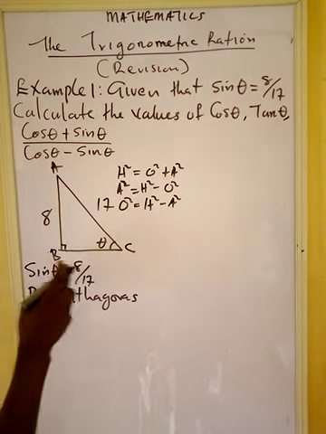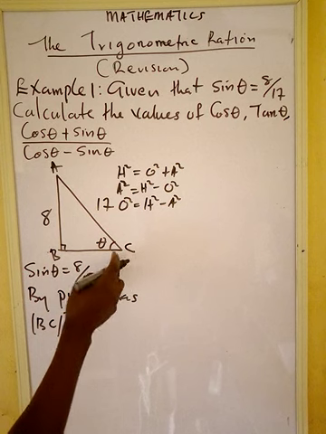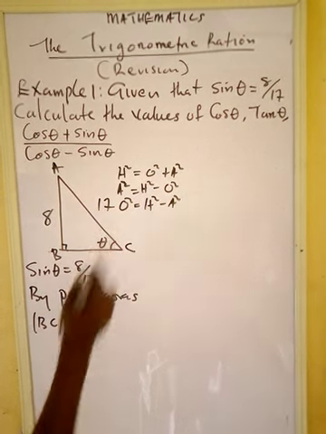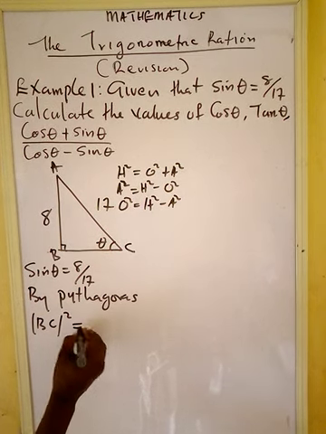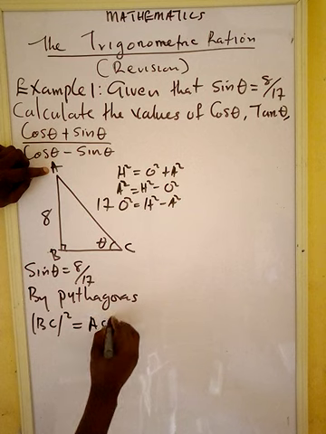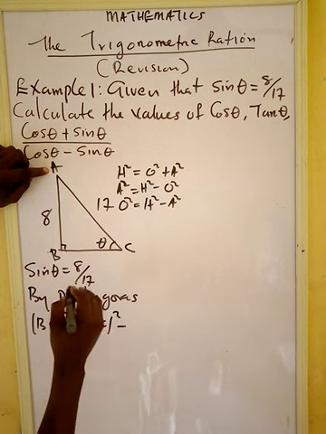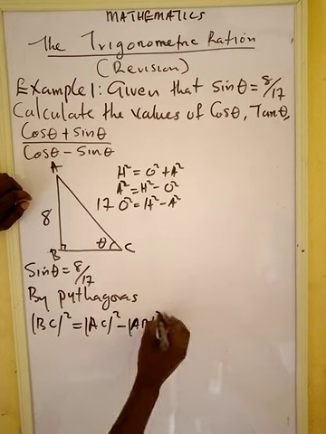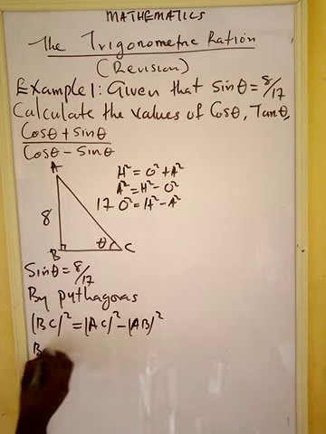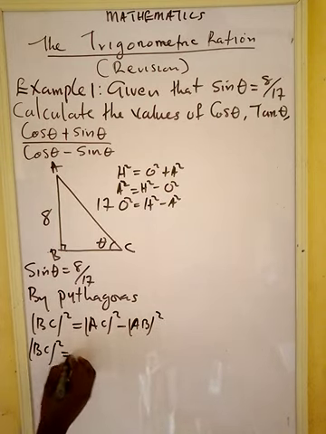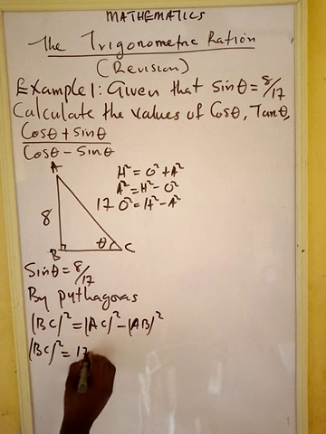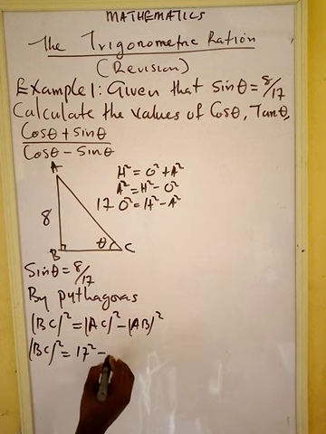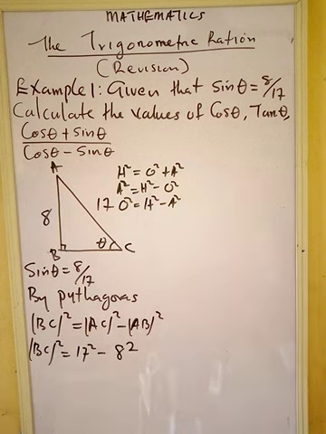What we are looking for now is our adjacent. That means BC squared equals AC squared, 17 squared, minus AB squared, that is 8 squared.